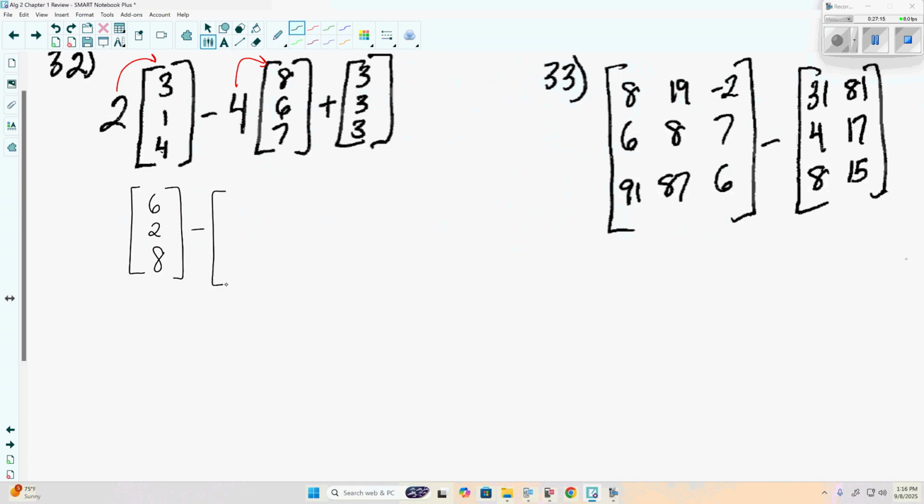If I'm doing these by hand, I'm going to leave the negative there. Just one less thing to worry about. I'm just multiplying that second one by 4. 4 times 8 is 32. 4 times 6 is 24. And 4 times 7 is 28.